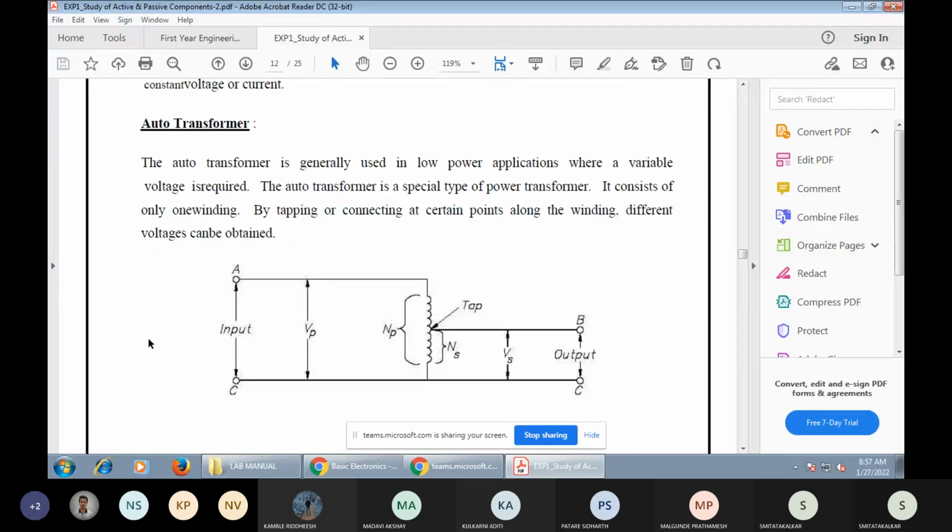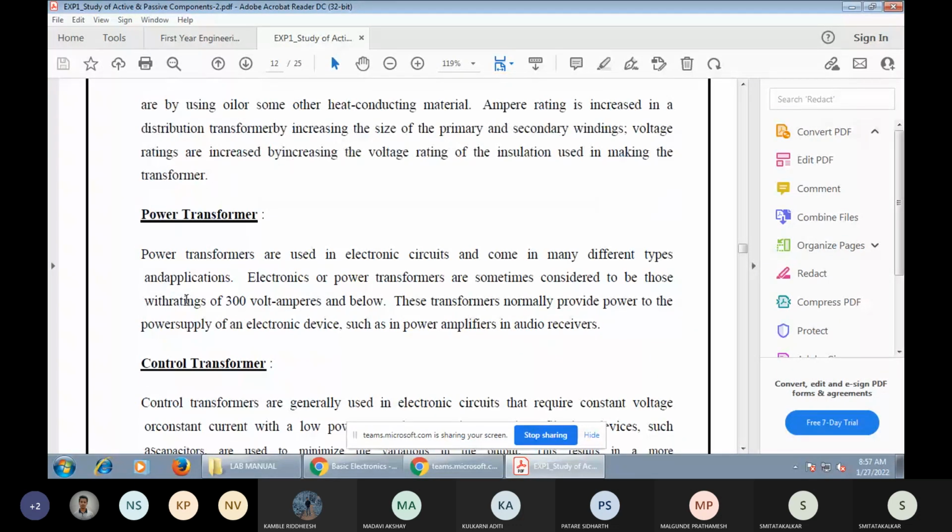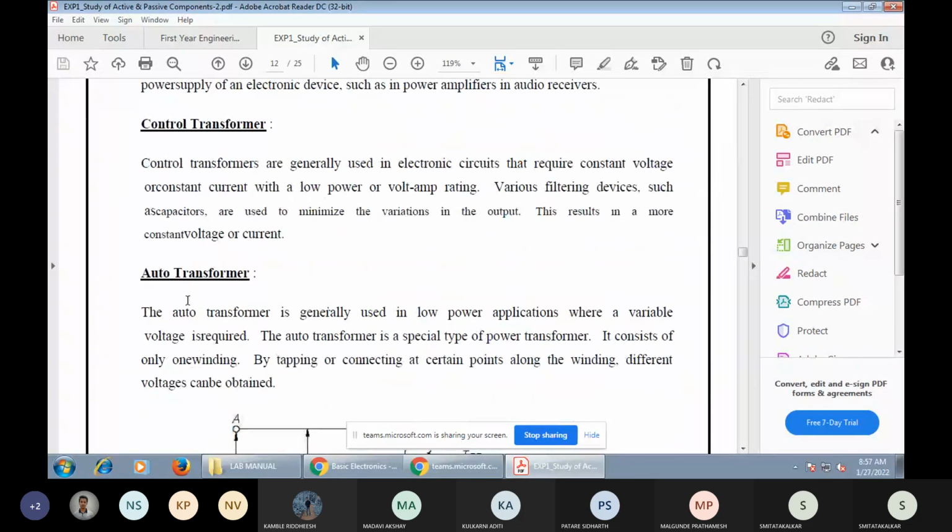I am not detailing it in the first experiment because it is a study experiment, not practically performed on the transformer. But it involves a diode in a rectifier circuit. That's why it is performed in a transformer circuitry.